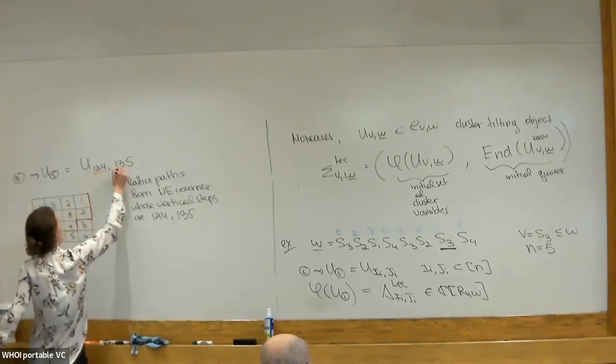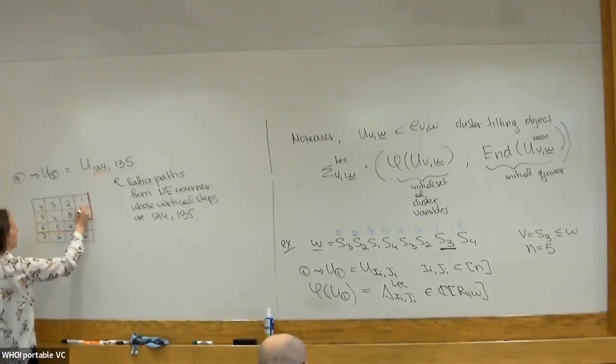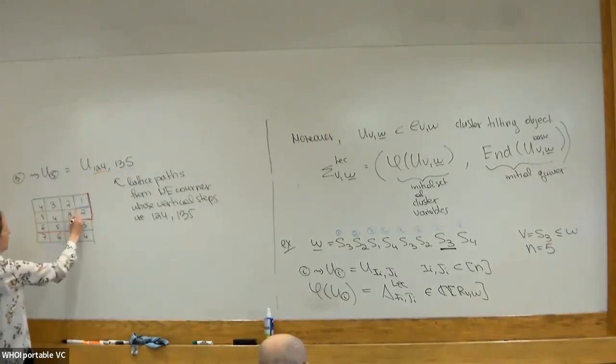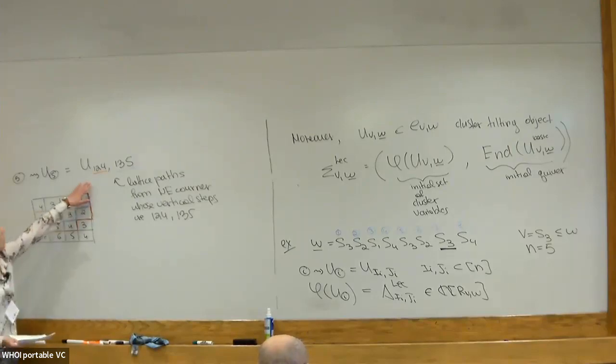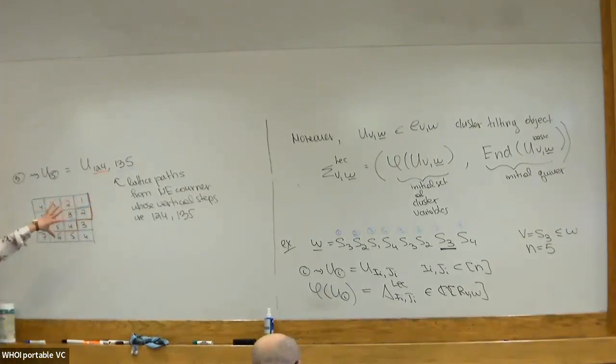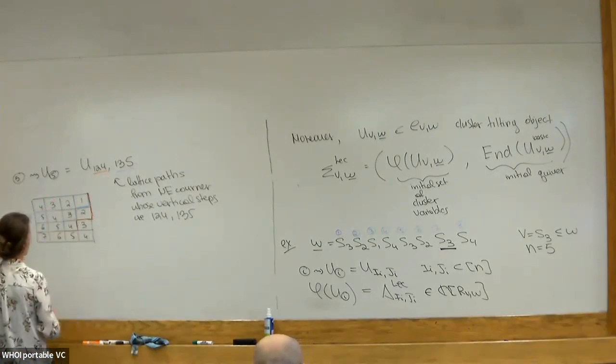And I can do the same with 1, 3, 5. I will have 1 vertical, 2 is horizontal, 3 should be vertical, 4 is horizontal, 5 is vertical, the rest are horizontal. And so it will always happen that one path is below the other, the 1, 2, 4 path will be below, the second one will be above, and they will bound some region. And this region is exactly what my module is.